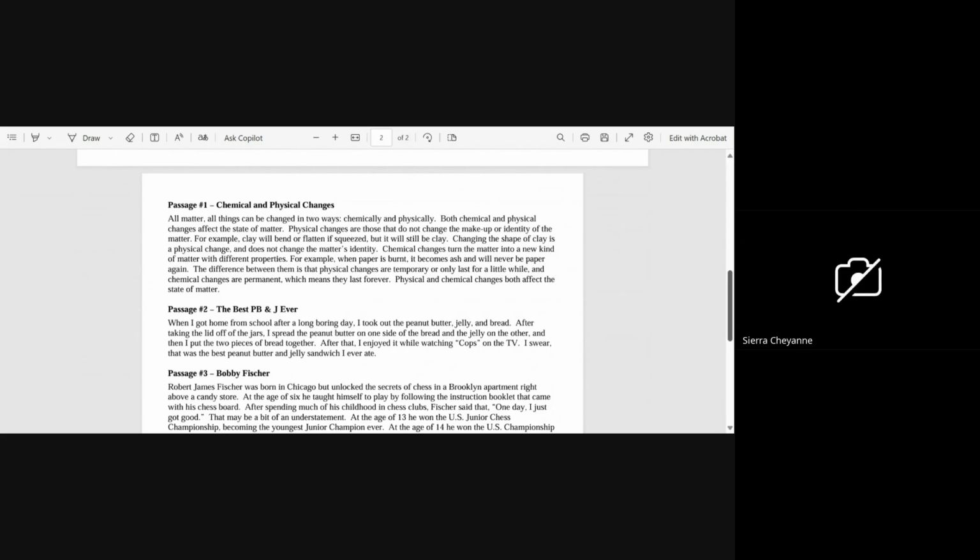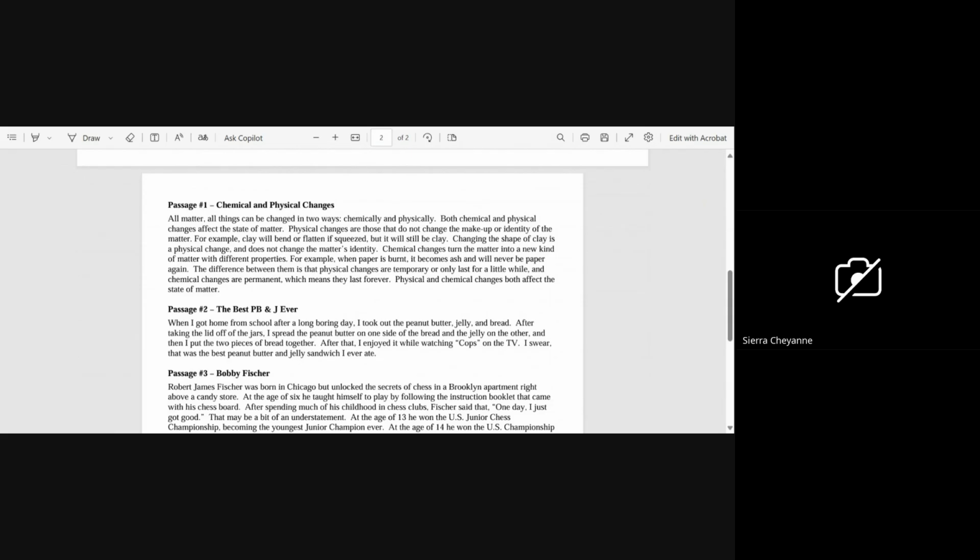It says all matter, all things can be changed in two ways, chemically and physically. Both chemical and physical changes are a state of matter. Physical changes are those that cannot change the makeup or the identity of the matter. For example, clay will bend or flatten if squeezed, but it will stay clay. Changing the shape of the clay is a physical change and does not change the matter's identity.